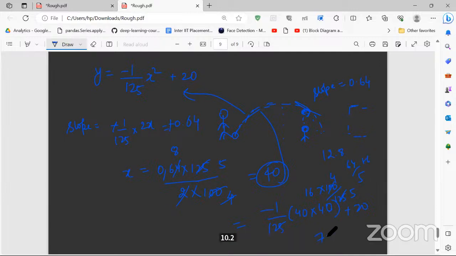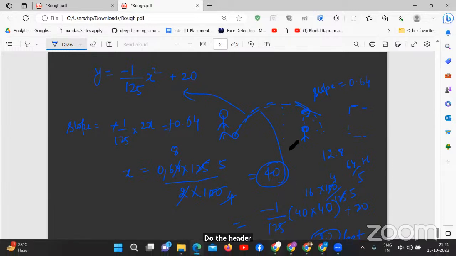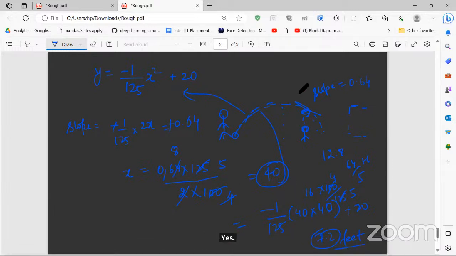So you are getting 7.2, something like this. 7.2 feet. Yes, sir. This was the height at which he can do the header. So is this clear to everyone? How did we do that? Yes, sir. Everyone is clear, or should I repeat this?